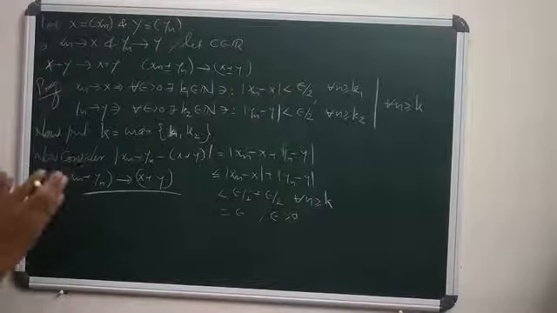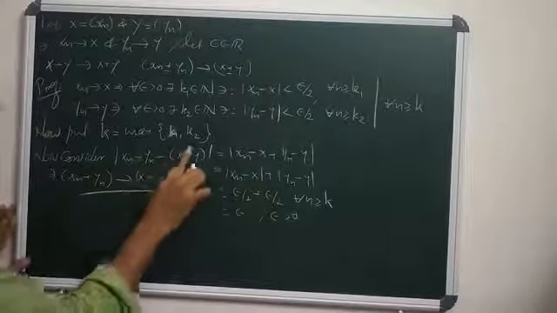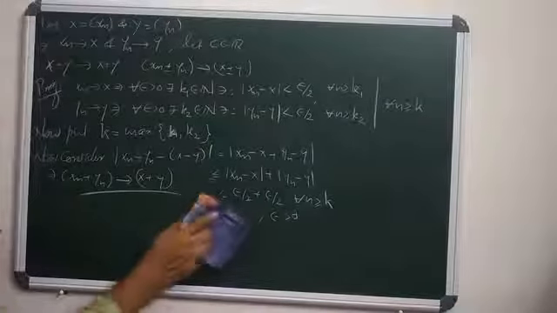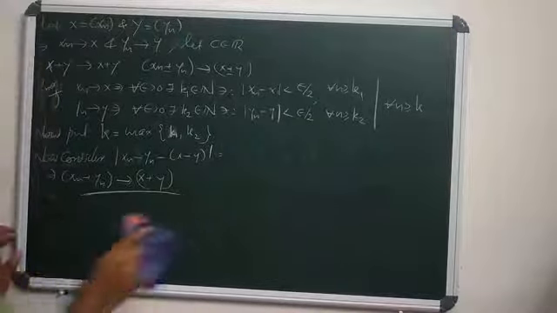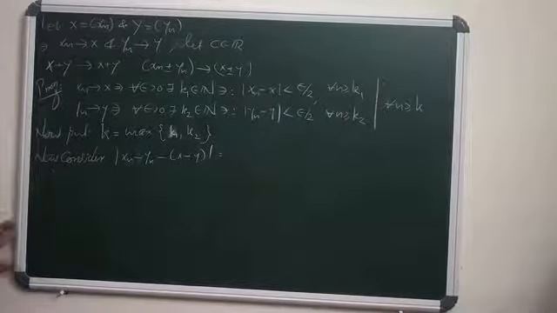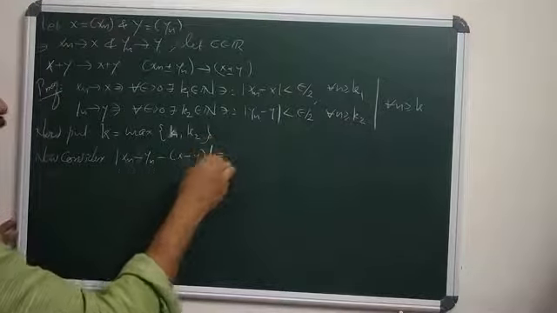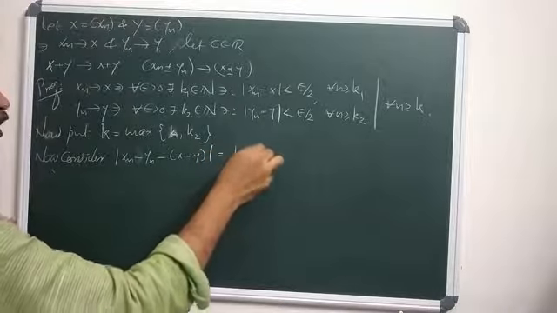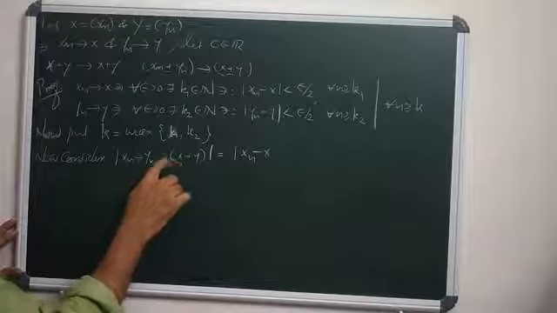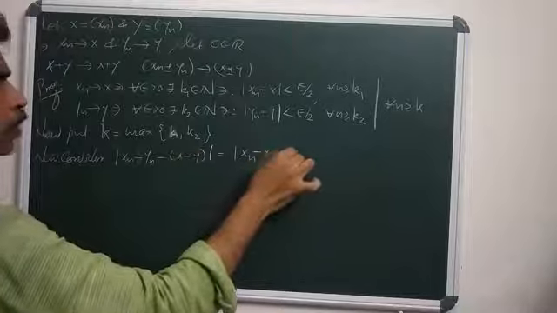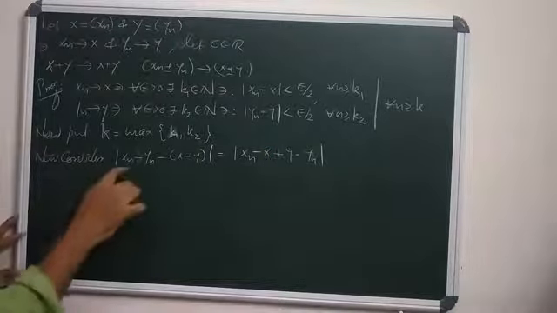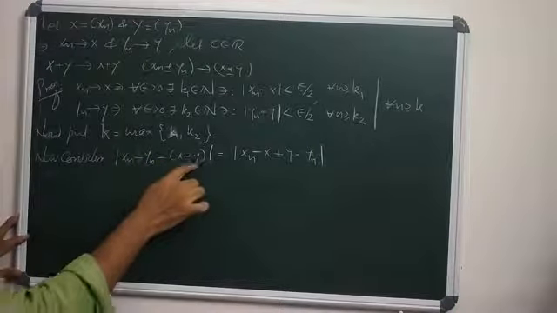Now instead of x_n plus y_n, we consider the modulus of x_n minus y_n minus (x minus y). This can be rewritten as the modulus of (x_n minus x) minus (y_n minus y).